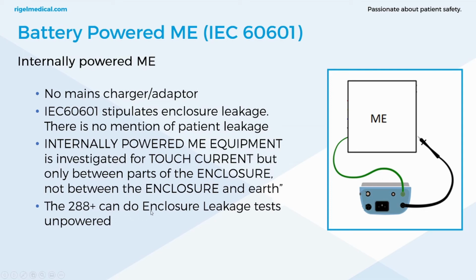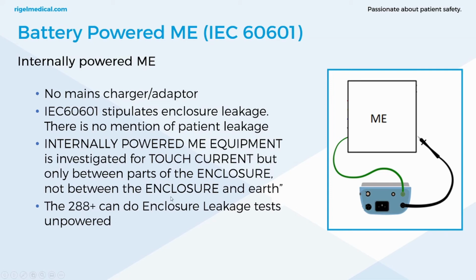The 288 Plus can do enclosure leakage tests unpowered. So it's unpowered there for convenience. You can go out into the field without plugging that into the mains to carry out these tests. All it's doing is measuring the leakage between 2 points. But there is further guidance in the manual on these point-to-point leakage tests if you require them.